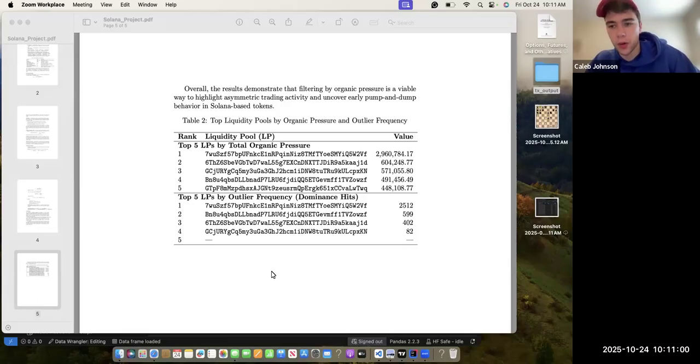What is the total organic pressure of all the organic liquidity pools in there? And I add it all up. So it's obviously a lot of duplicate organic pressure, but it means something, because it means this formula was again and again with the good formulas a leader in organic pressure.